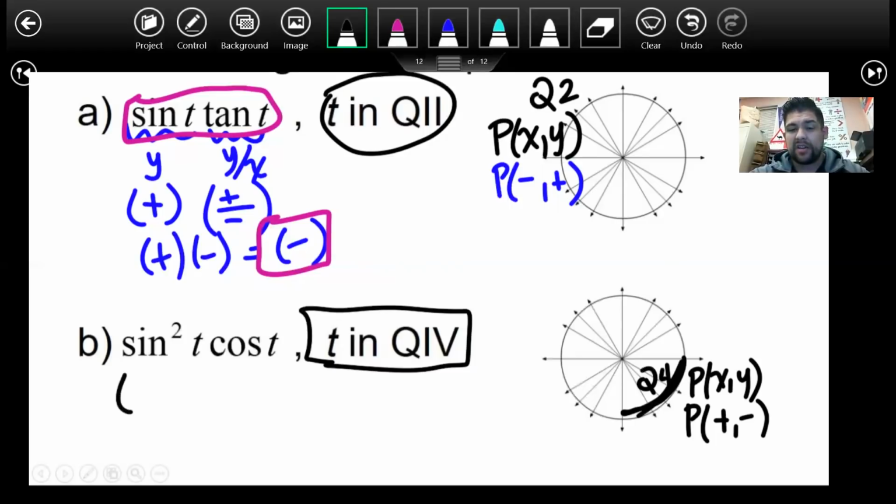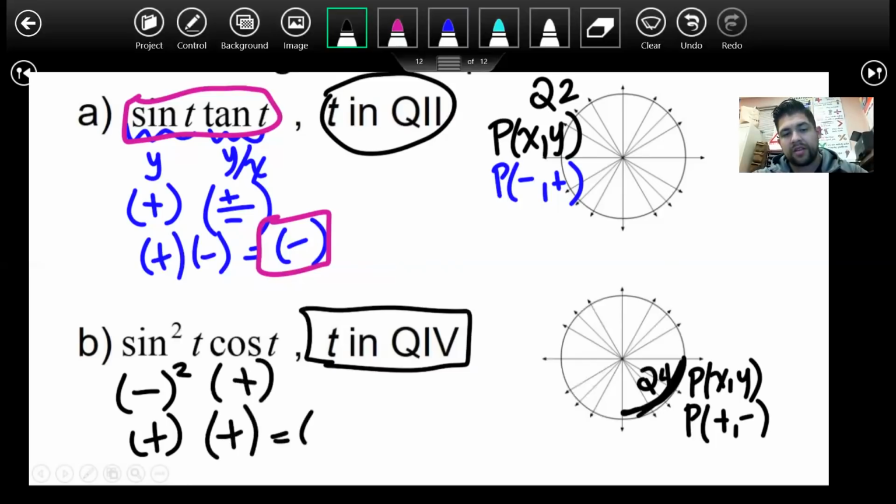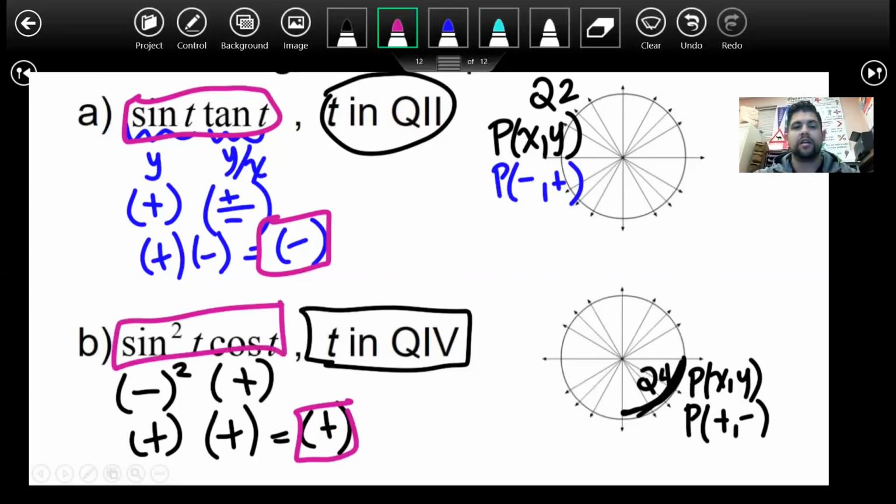Sine is negative in quadrant 4, and it's squared, so a negative times a negative will make it positive. Cosine, which is dealing with our x, will be positive, so a positive times a positive will remain positive. So this is going to be positive for sine squared t cosine t.